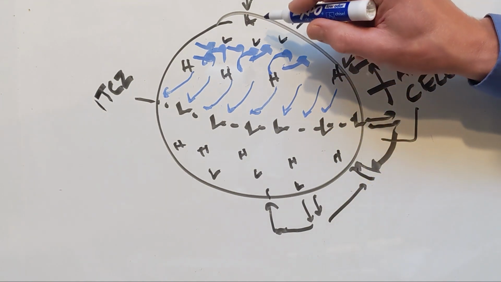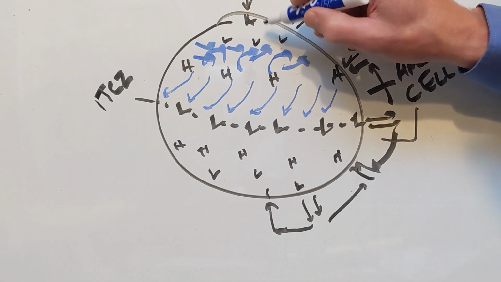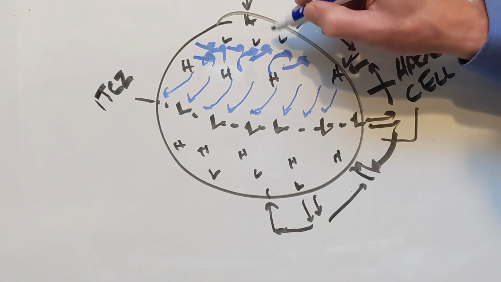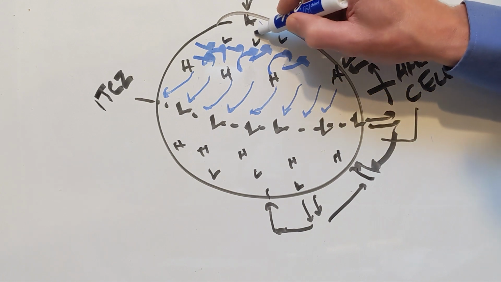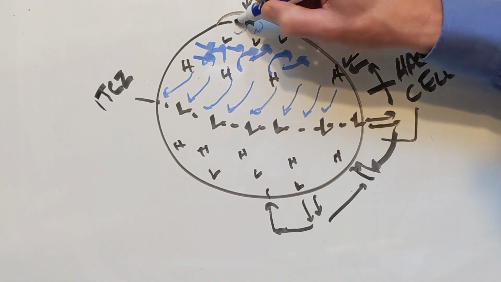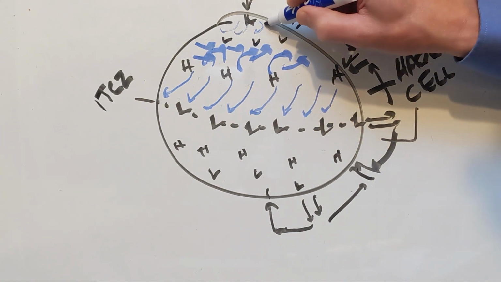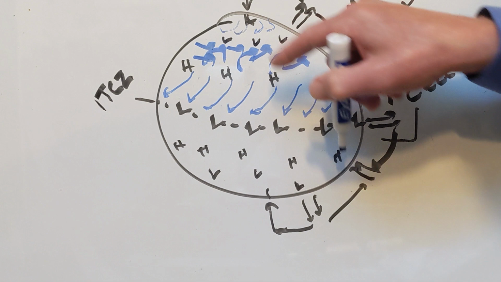And then up in the polar regions, it goes from the polar high towards the subpolar low, but again it's deflected to its right. And notice that the direction here is opposite the direction in the mid-latitudes.